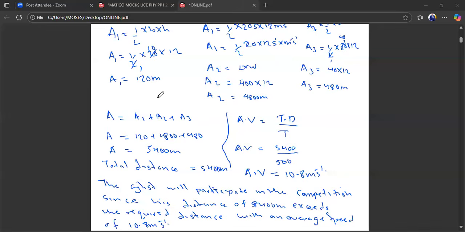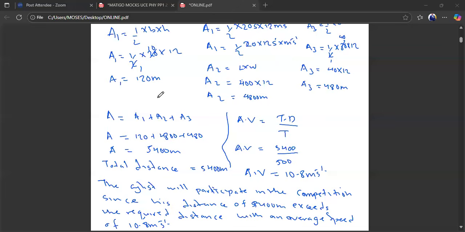Thank you, sir. When we are labeling the horizontal line on the graph, which range should we follow?